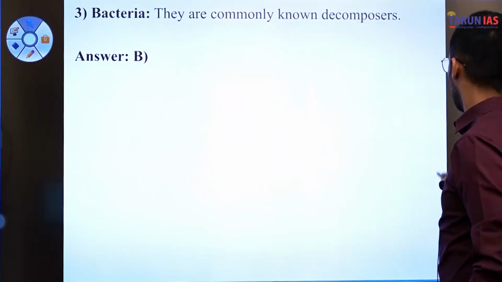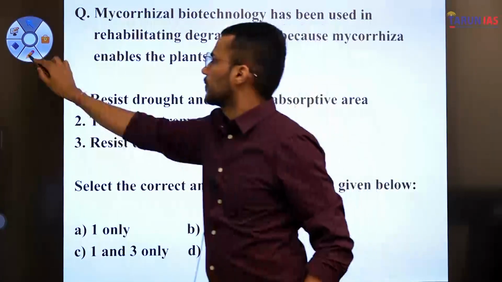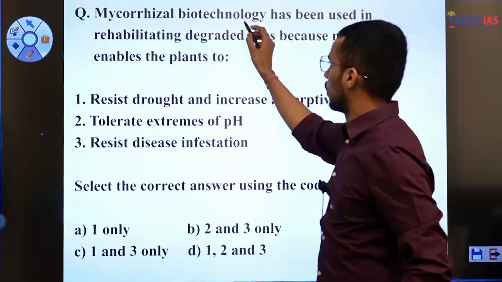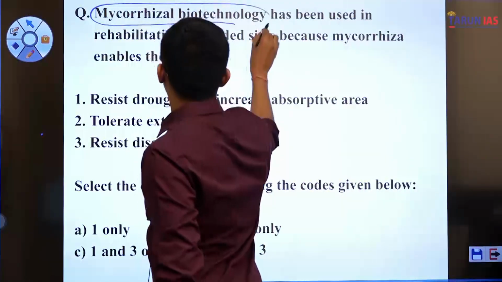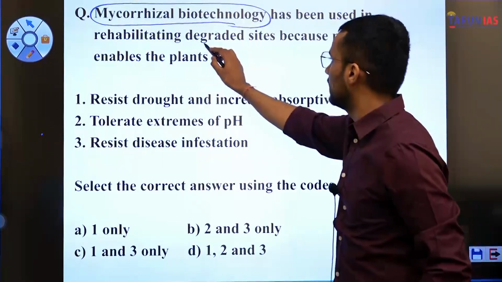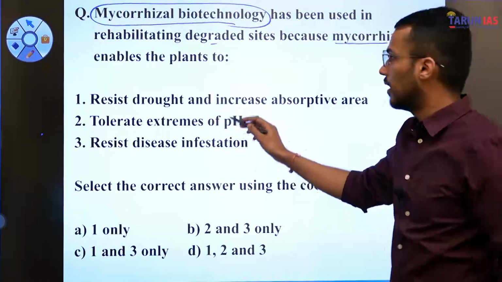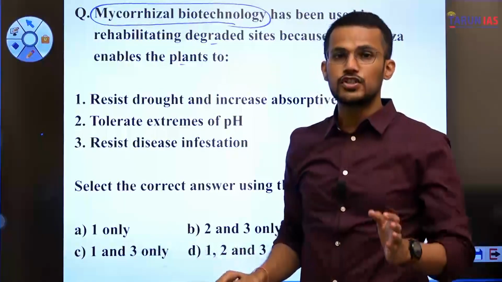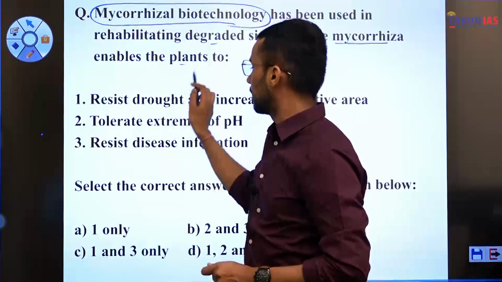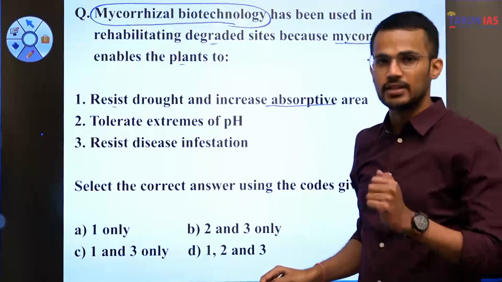Next question now. The next question is mycorrhizal biotechnology. So this is a very important term. Mycorrhizal biotechnology has been used in rehabilitating degraded sites because mycorrhiza enables the plants to... The statements are: first, enables plants to resist drought and increase absorptive area.